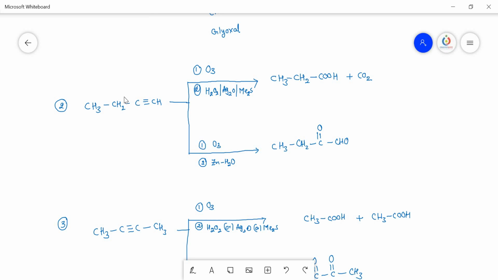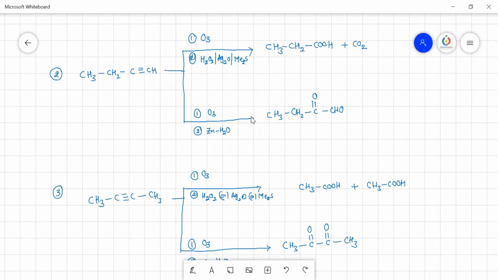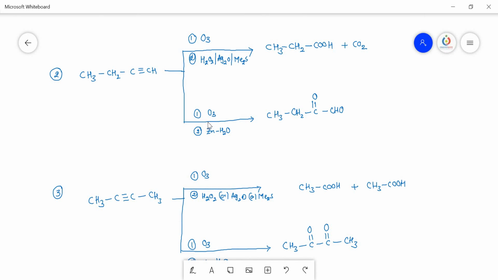So this particular carbon with the alkyl group will be converted to the carboxylic acid, and the triple bond CH will be converted to carbon dioxide. And if you use reductive ozonolysis, one bond is still present between the triple bonded carbon atoms, only two bonds will be broken. So here it forms the keto part, and this shall convert to the CHO part.